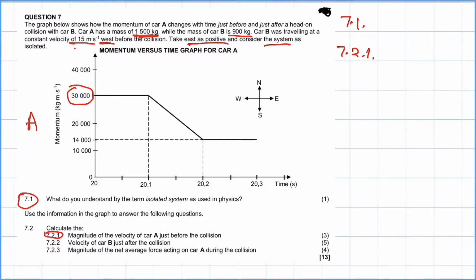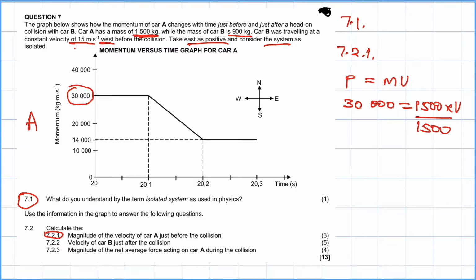So here we can just use the momentum formula. P is equal to mv, and P is 30,000, equal to 1500 multiplied by v.